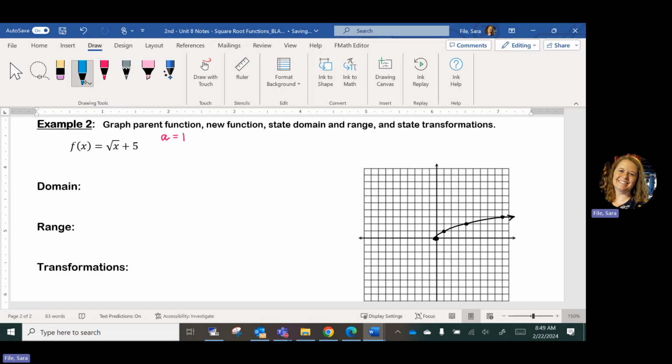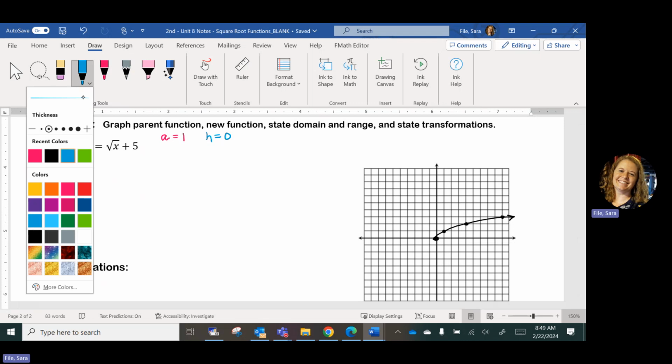What is H? 0. There is nothing added or subtracted inside the function, meaning under the square root with x. So H is 0. That means it's not shifted left or right any.